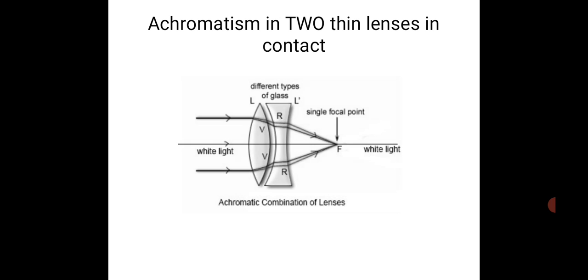The combination of these two lenses is such that the effect of one can be reduced by the other, so we can get a single image for an object. When white light, a parallel incident ray, is passed through the combination of the two lenses, one convex and another concave, in contact, they are going to focus at a single point F.